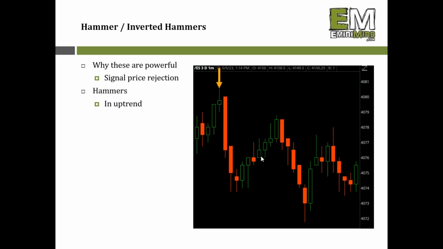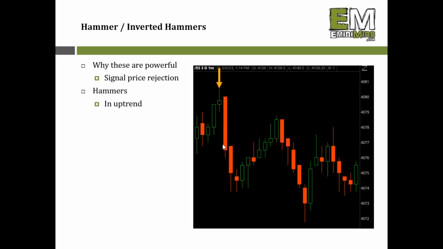Even some of these, with a small body towards the bottom of the candle and a long tail above, would make for an inverted hammer. We'll get into where to place the orders and entries in just a few minutes. But the basics of hammers and inverted hammers are pretty straightforward, and it makes things cut and dry when determining, okay, is this an entry candle or is it not?